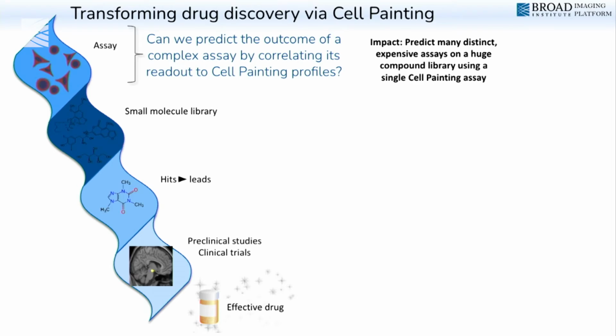Now, cell painting can also be used for predicting other assays. Large-scale assays for drug discovery can be expensive and impractical, particularly those that involve model systems that require primary cells, organoids, or whole organisms.